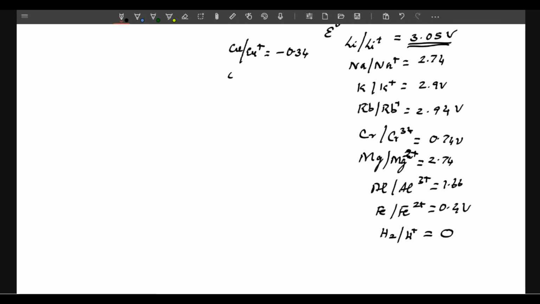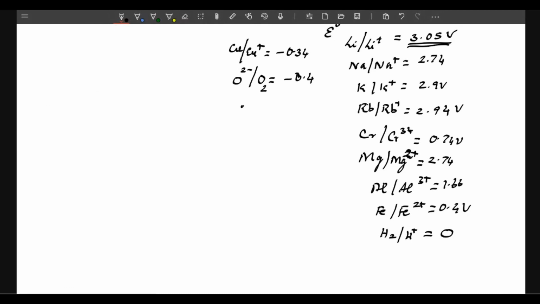Then O2 and hydroxide, the oxidation potential, minus 0.4 volt in acidic medium.